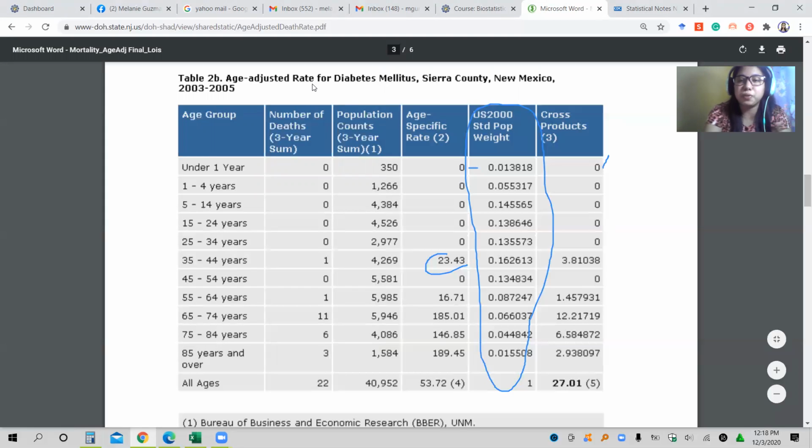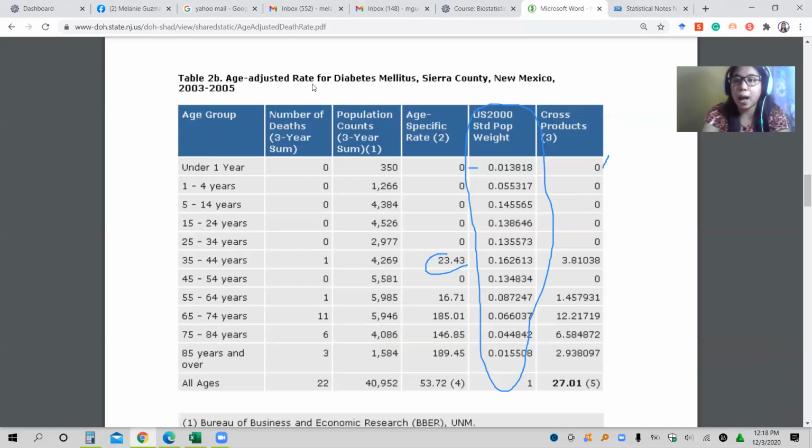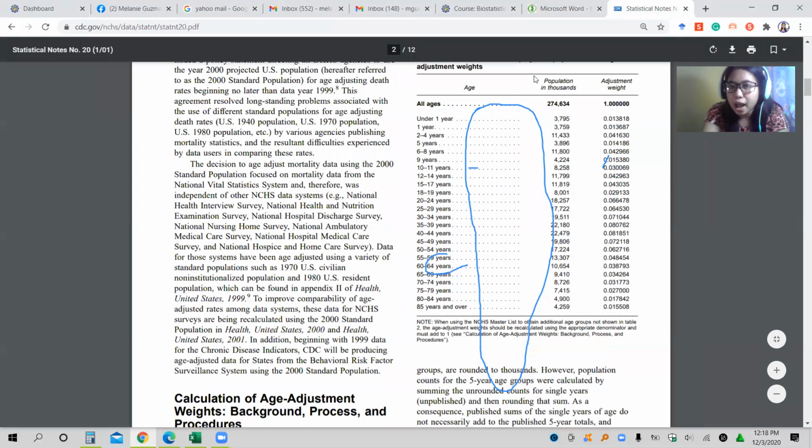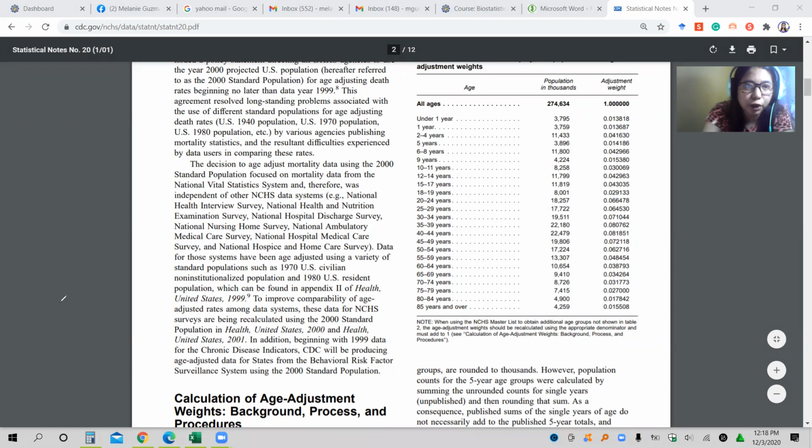So for us to compute the cross product, or the product of the age-specific rate with the US 2000 standard population weight, for example, I actually searched for a value, and we have here the following values. However, as much as I want to recompute the values in our table, let's go back to our table.